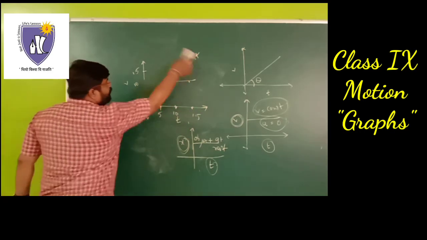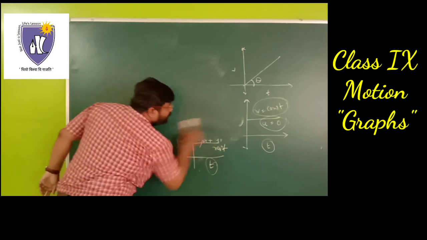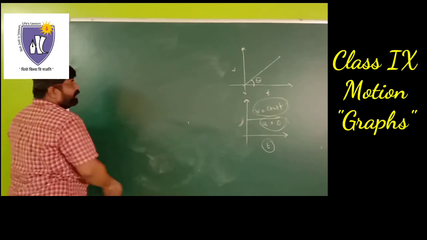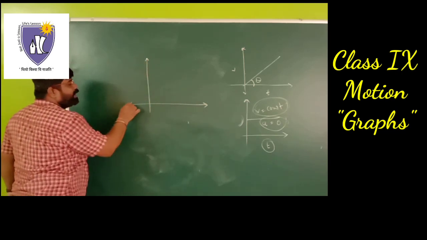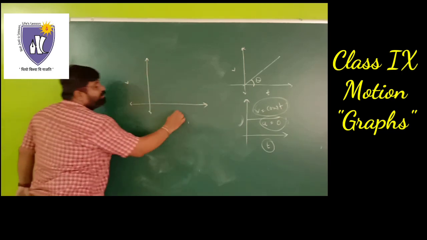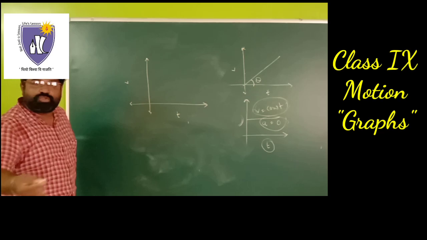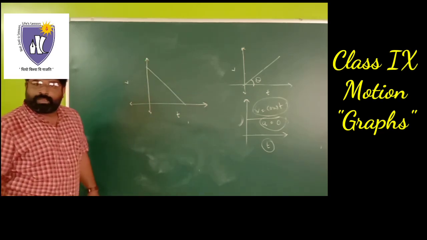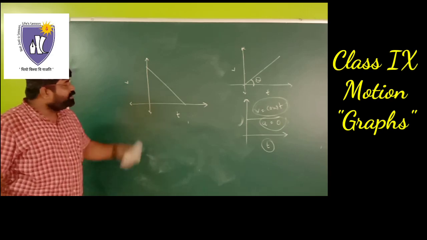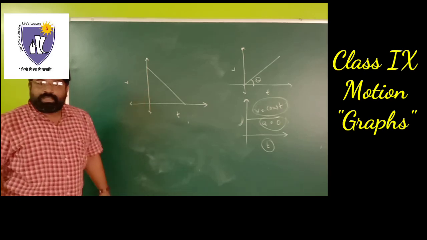Let's move and see another graph, VT graph only. Suppose we have a VT graph, and they are drawing it like this. What does this graph represent?